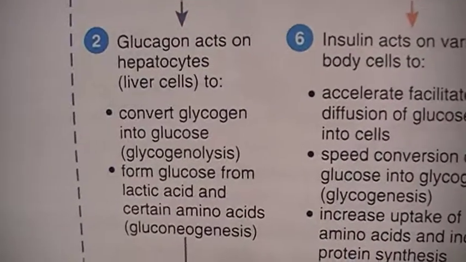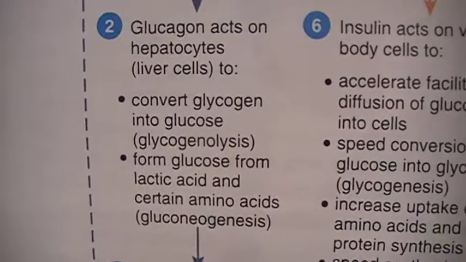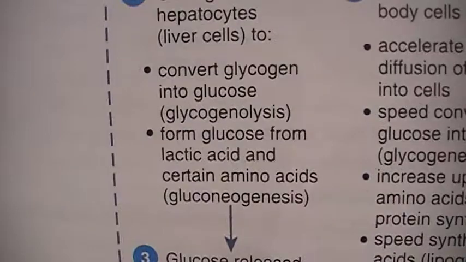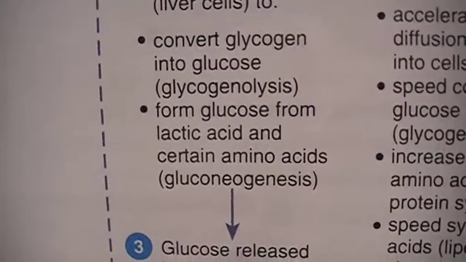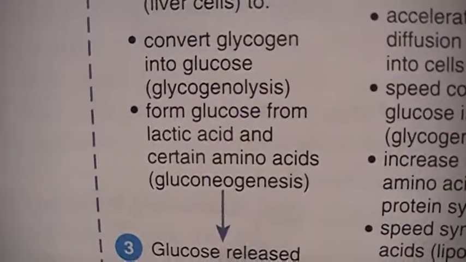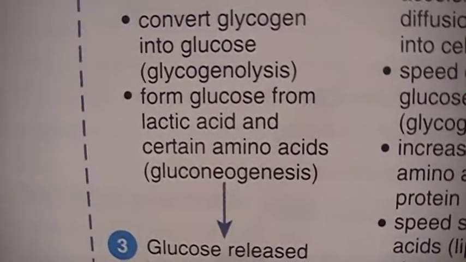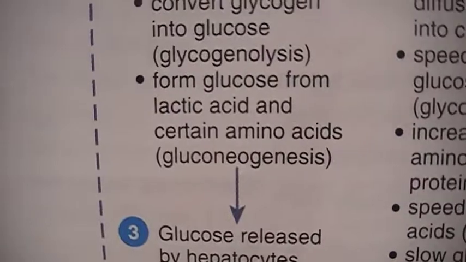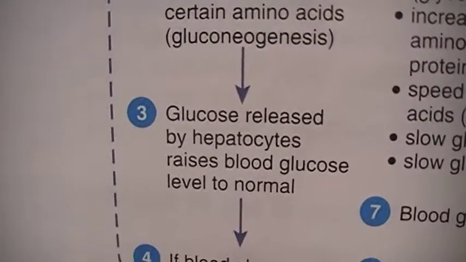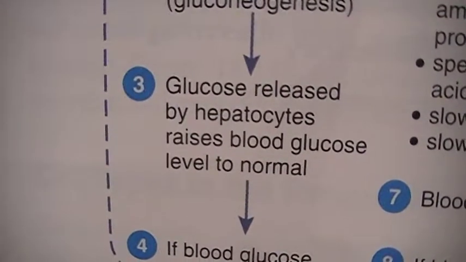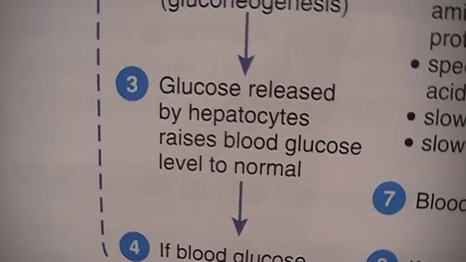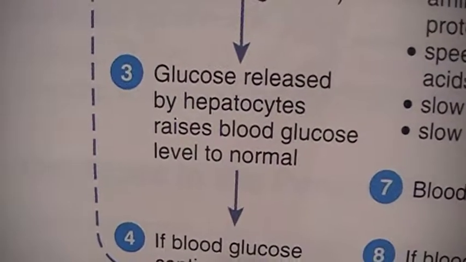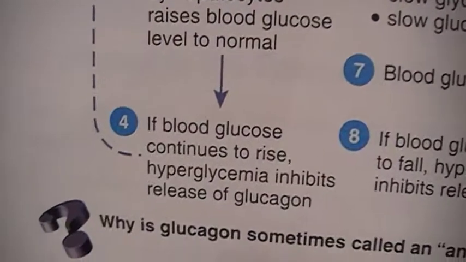So the two things that glucagon does is acts on liver cells to convert glycogen into glucose, glycogenolysis, and form glucose from lactic acid and amino acids, gluconeogenesis. Number 3, glucose released by hepatocytes raises blood glucose to normal.